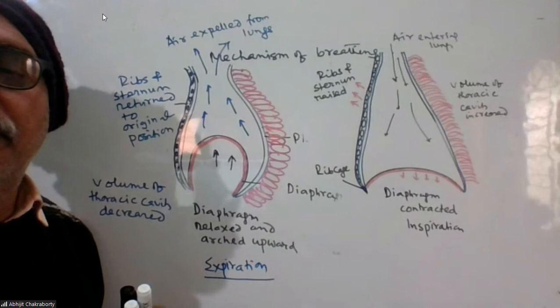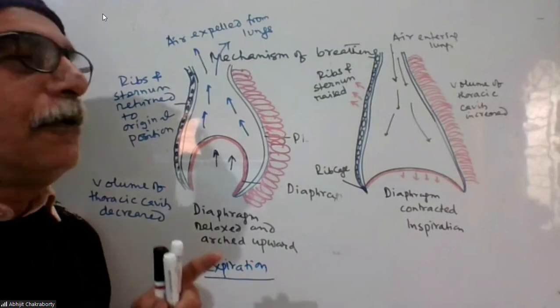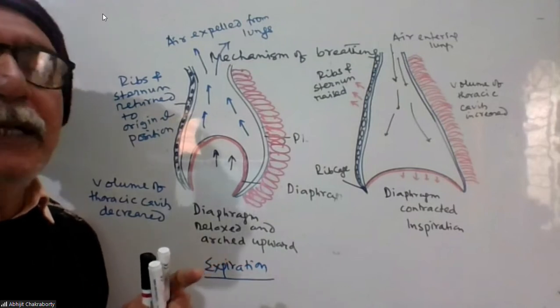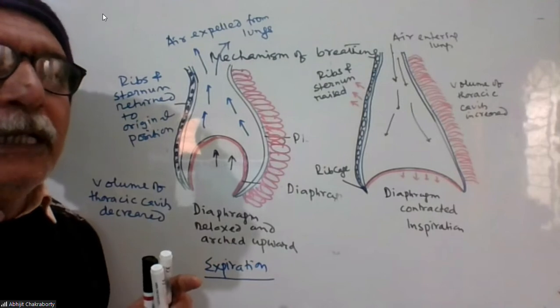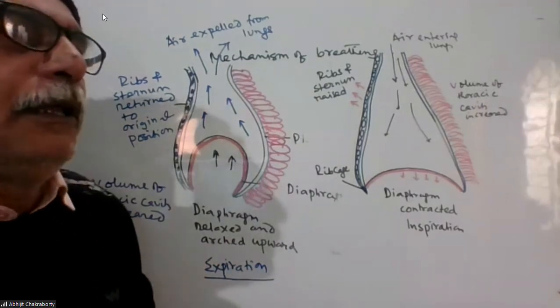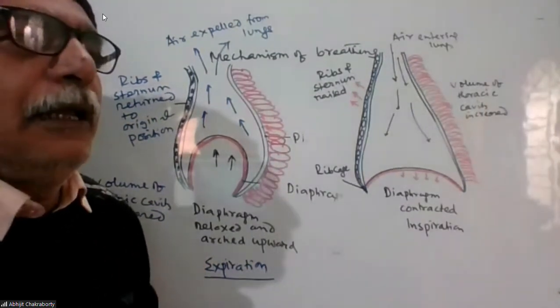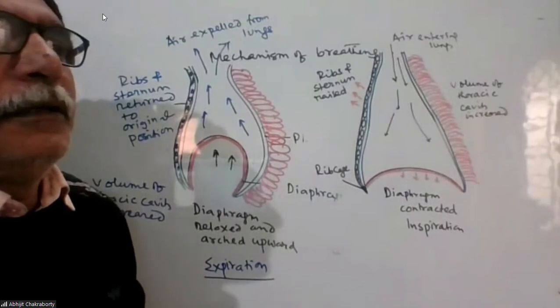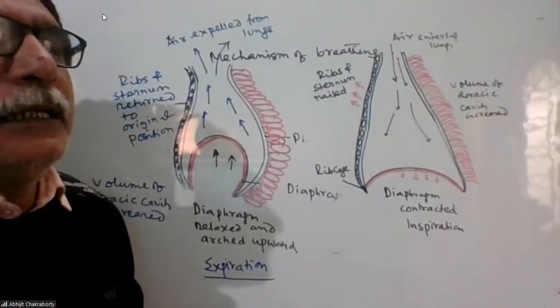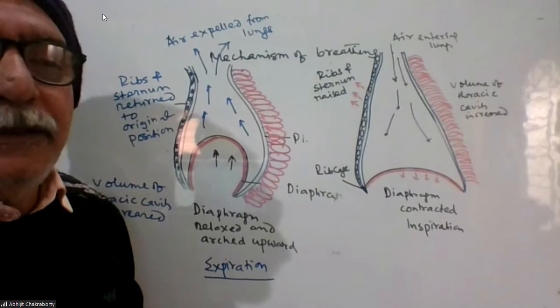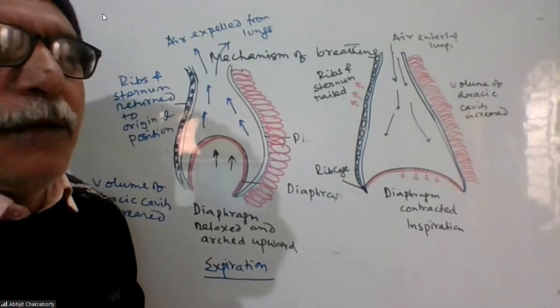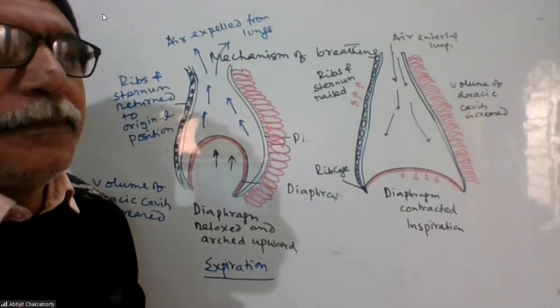No, sir. Clear, sir. But for forceful expiration, the internal intercostal muscles are involved, and also the abdominal muscles.